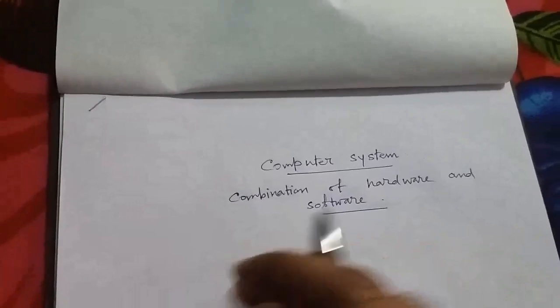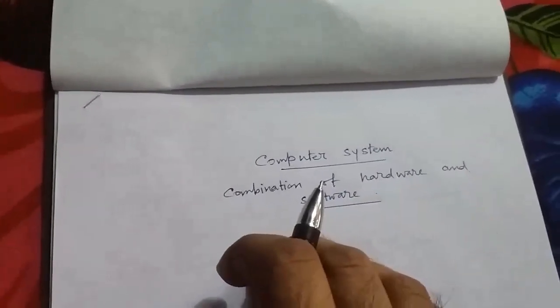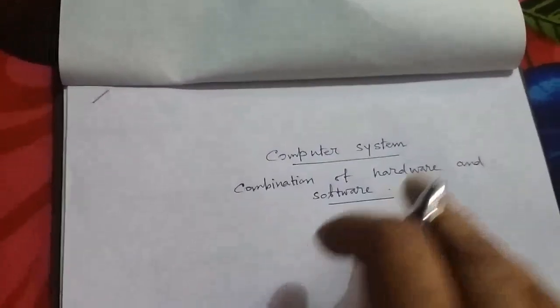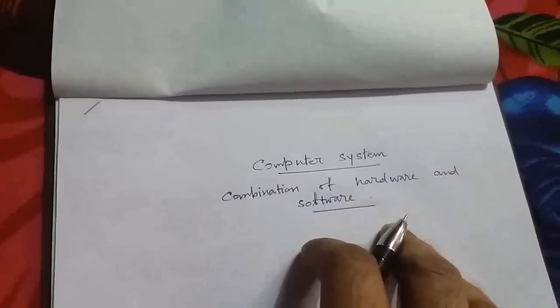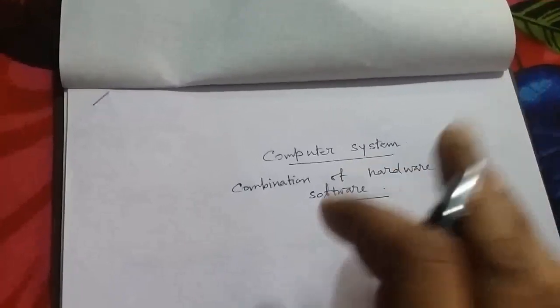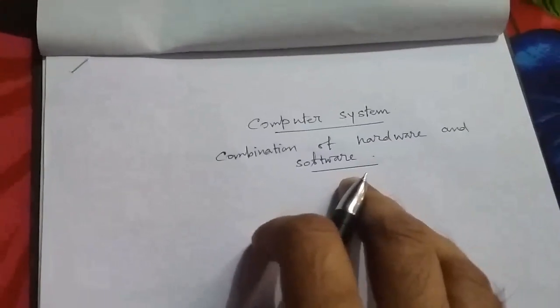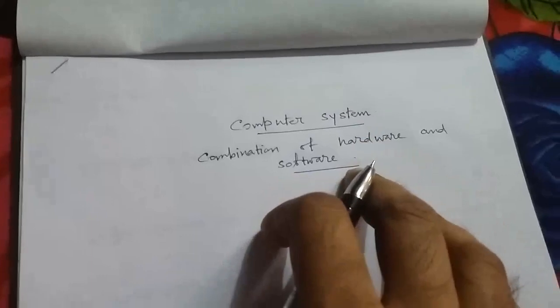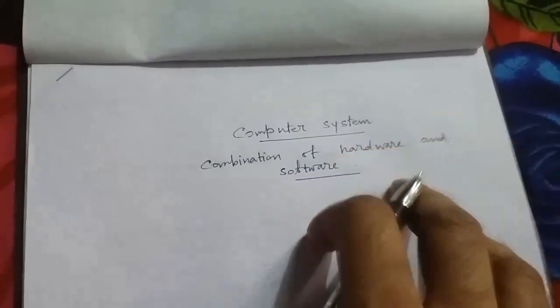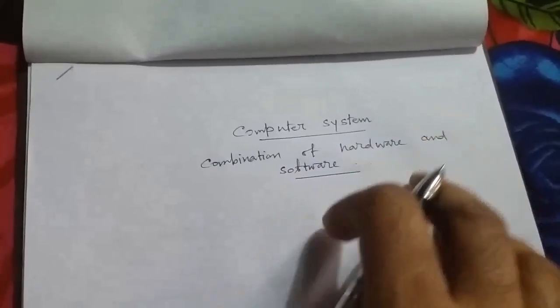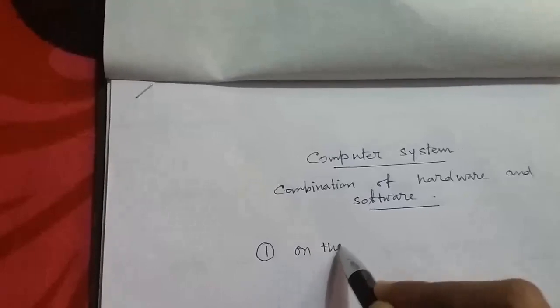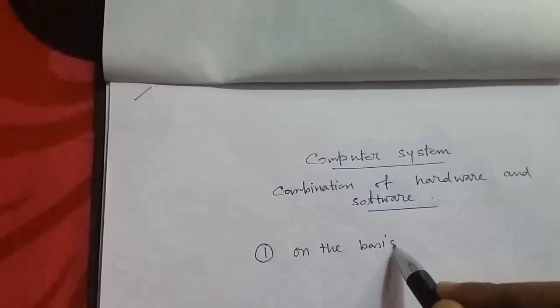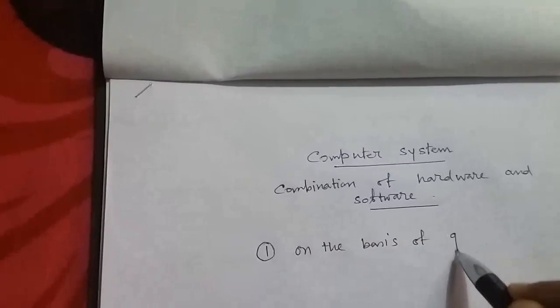The development of hardware and software led to the rapid customization of computer systems. This customization of computer systems is classified into 4 major categories. Number 1, on the basis of generations.